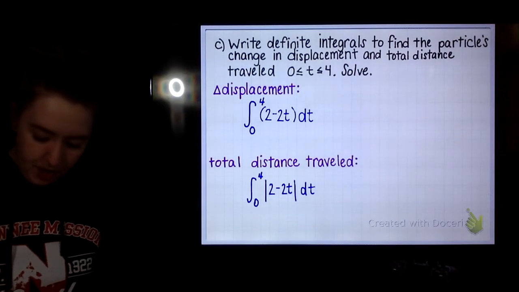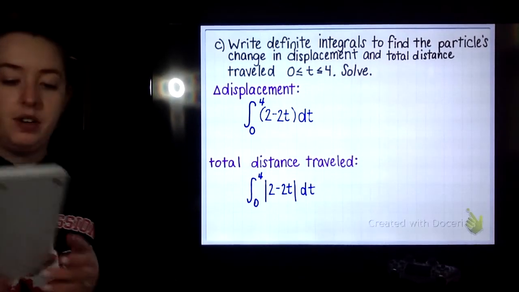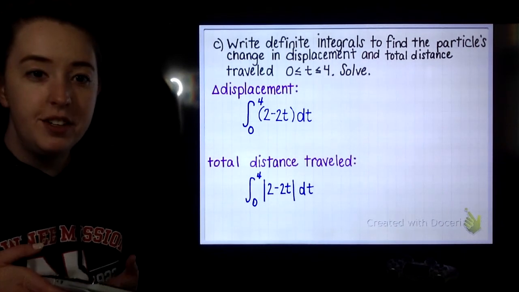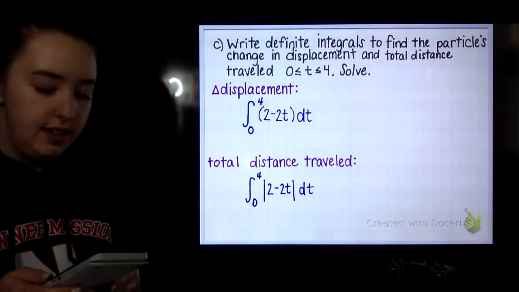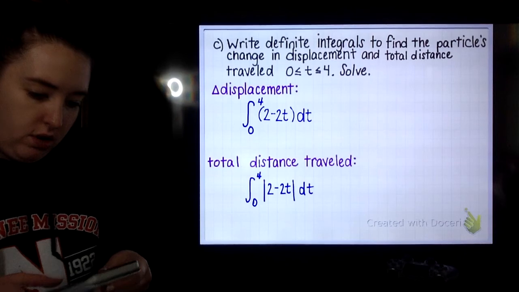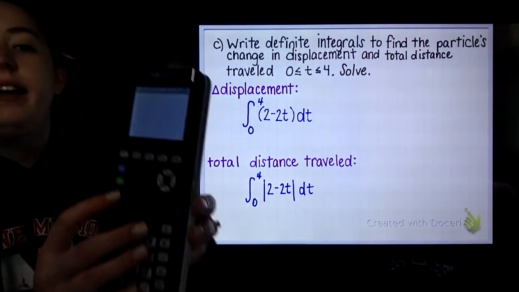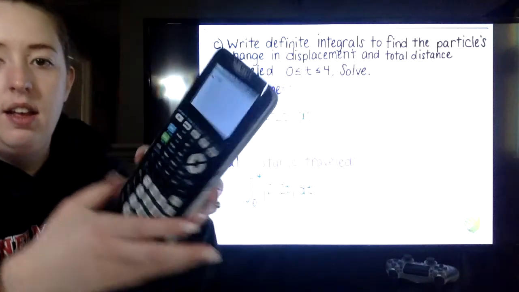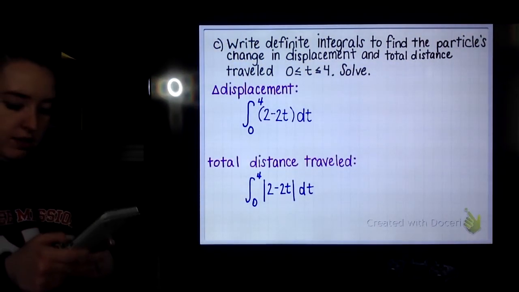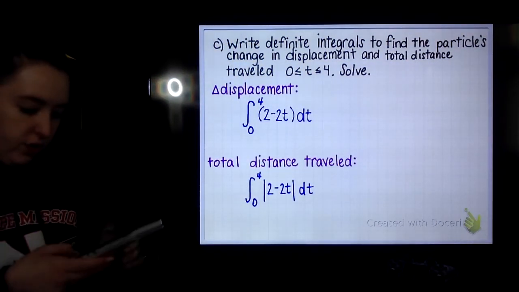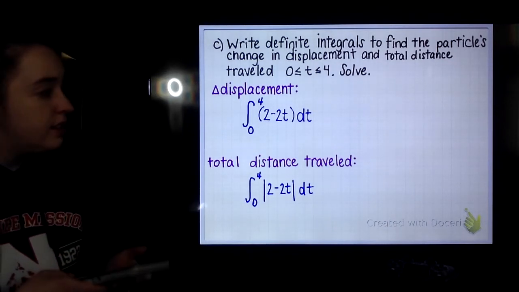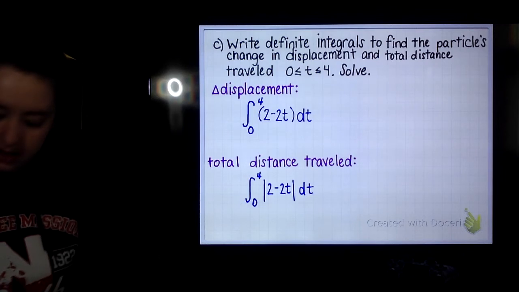Okay, so to find these integrals, we're going to use our calculators. So we're going to click math, and then 9, and then we'll put from 0 to 4 of 2 minus 2x dx, and press enter.